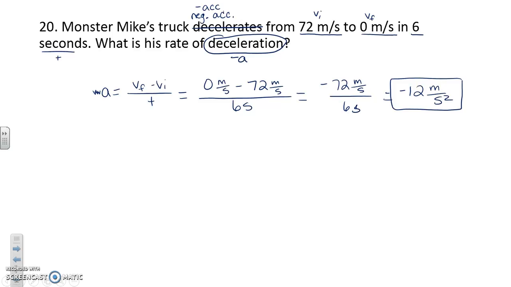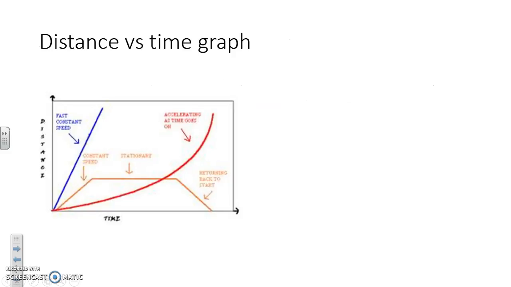Okay, a little bit more review. Distance versus time graph. We covered this in class, but let's do it again. In a distance versus time graph, distance is on your y-axis, time is on your x-axis. If you have a straight line, that means it is a constant speed. If it's a sharp straight line, it's a fast constant speed, which means the velocity is going pretty quick.